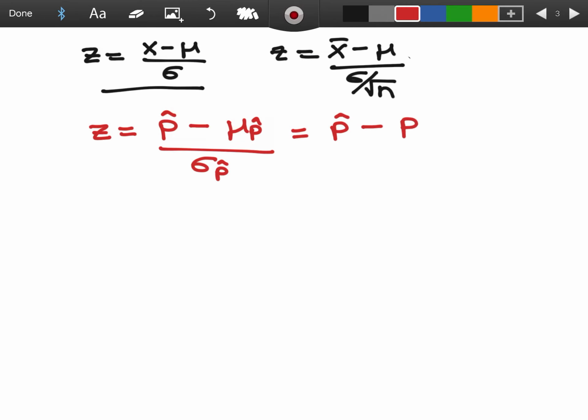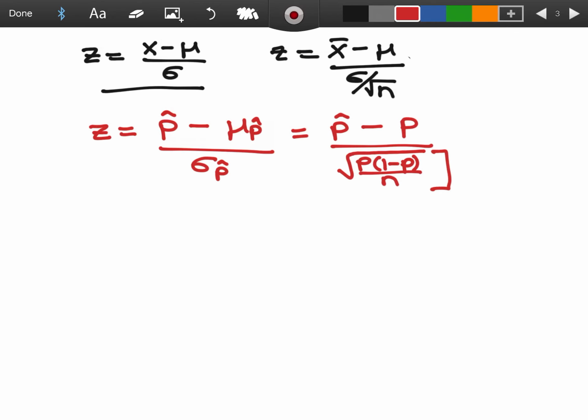So plugging in what we know, now again, if they do not give you that population proportion, you can use your sample proportion for this part. For the standard deviation of the sample proportions, you can substitute in the sample proportion that they give you instead of the population proportion.